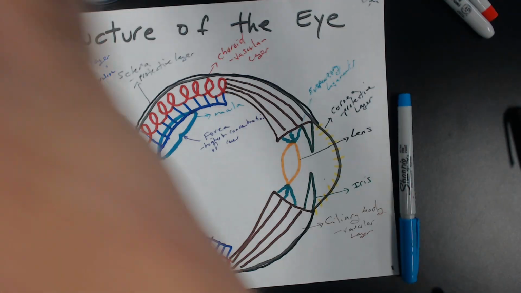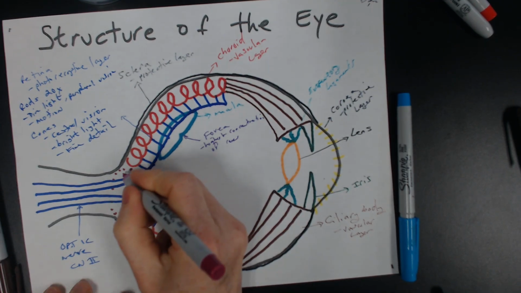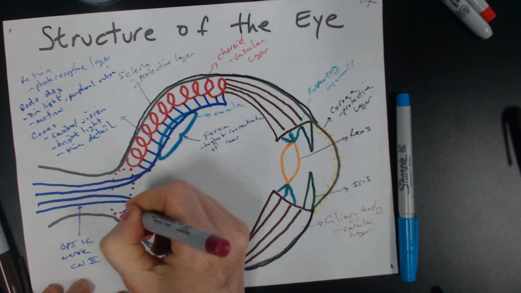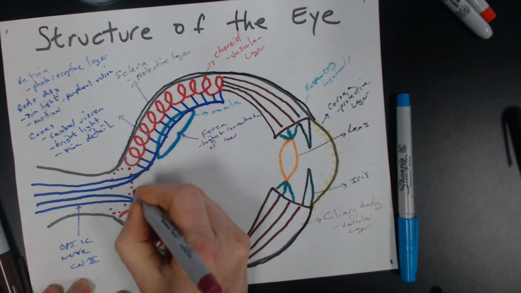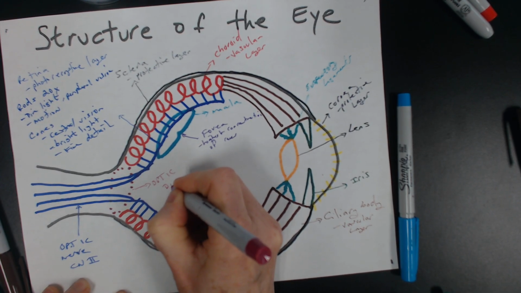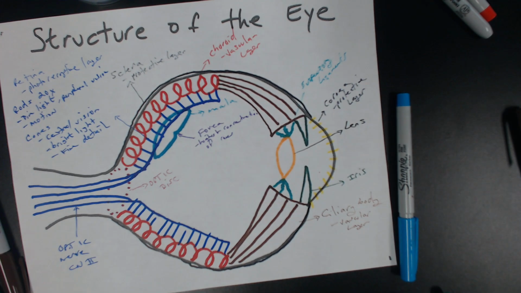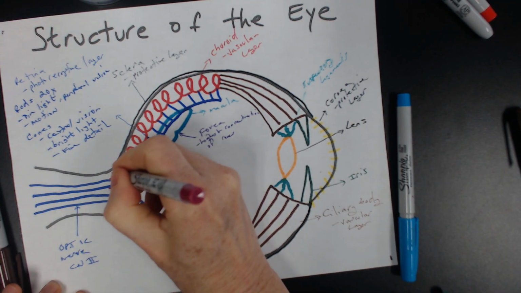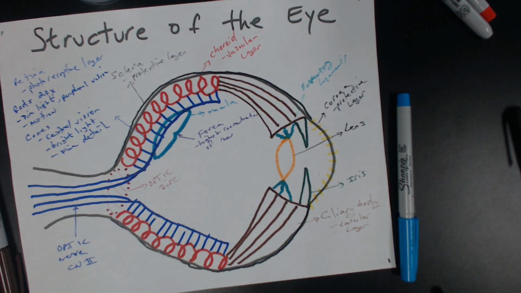I've sort of drawn a circle. This just represents this hole in the back of your eyeball. It's known as your optic disc, the space where that second cranial nerve comes out the back of the eyeball.